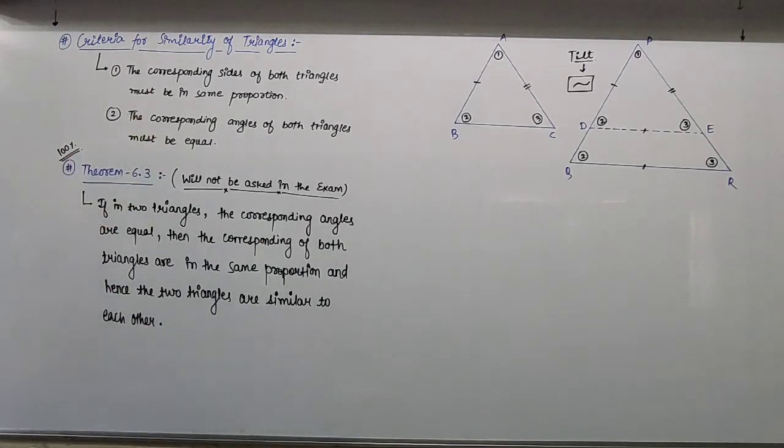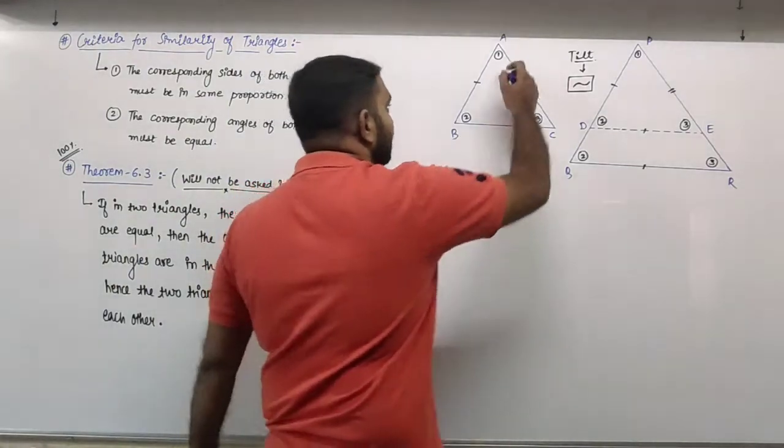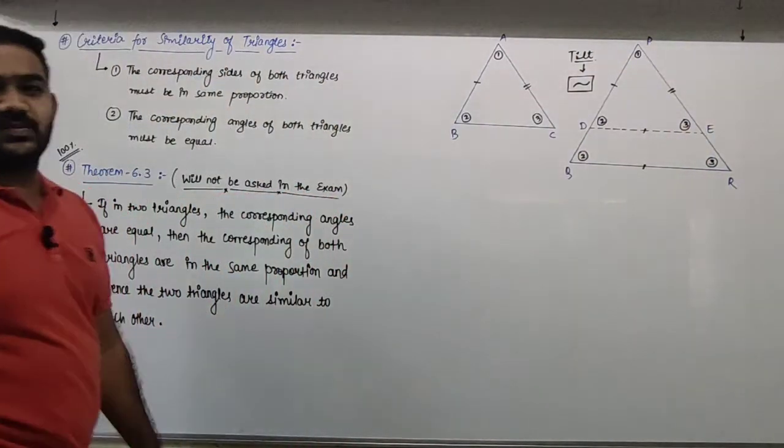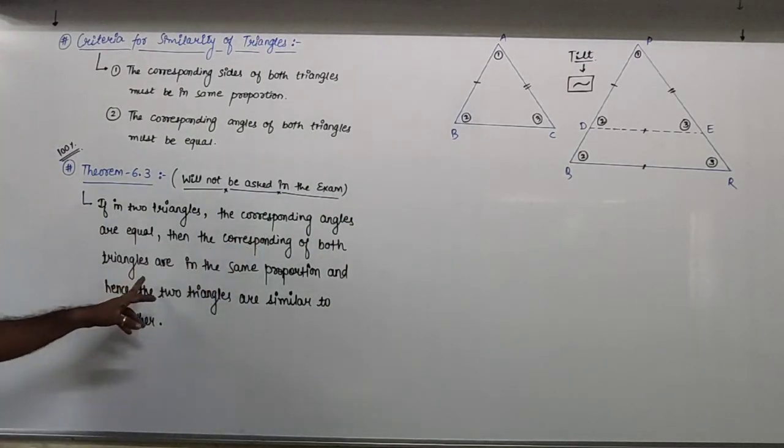So that is the theorem number 6.3, right? So you will just remember what theorem number 6.3 is: if in two triangles the corresponding angles are equal, Corresponding angles એટલે બધા જ corresponding angles, and the third one, all the corresponding angles are equal, then the corresponding sides of both the triangles, right?